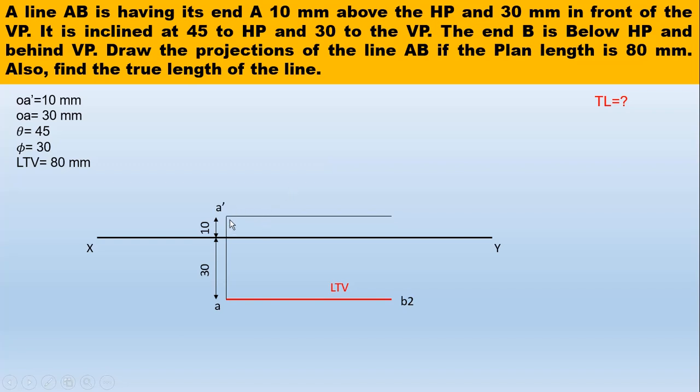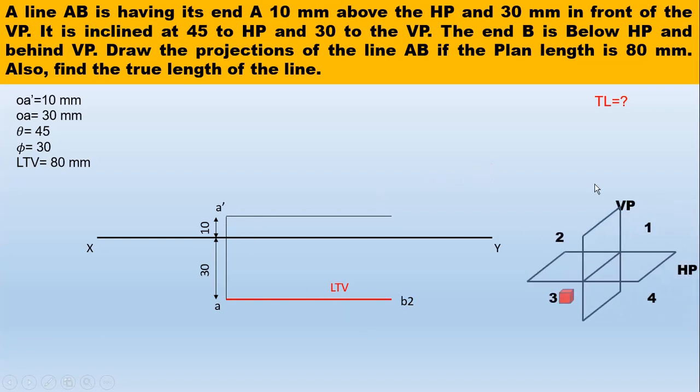Now see, here you have two options. Either you can draw the position of point B in this direction at an angle of 45, or you draw the line in the other direction at an angle of 45. Because our point B is in third quadrant, its front view will lie below the reference line XY.